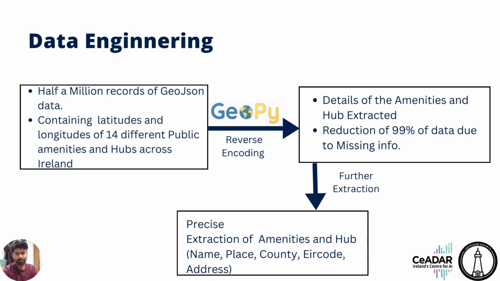Since we have a lot of missing location information, like missing latitudes and longitudes, we used GeoPy, a Python library. Using a reverse geocoding strategy, we were able to find out the name, address, air code, and specific latitude and longitude of that address.